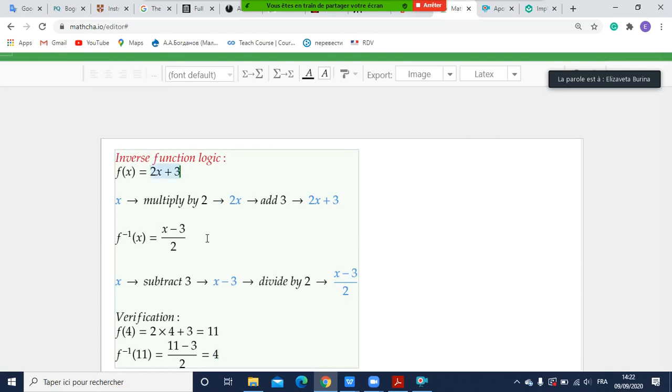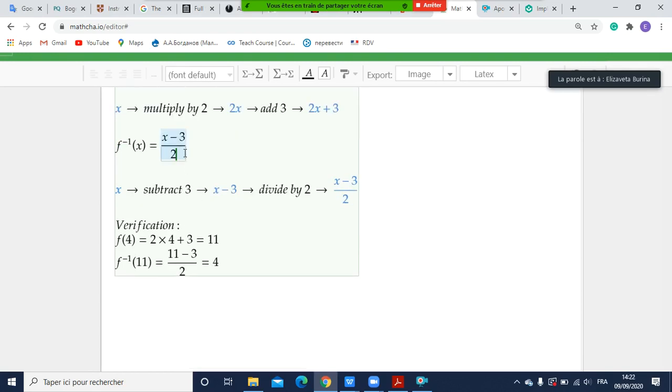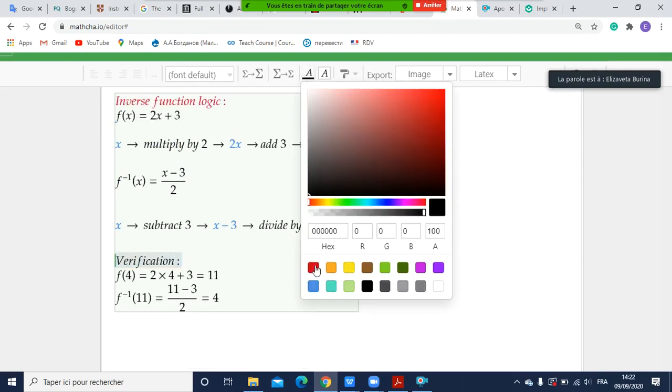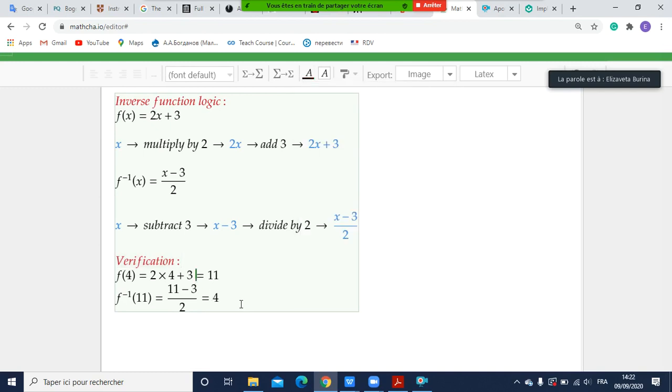So just solving the problem in general, right? You have function form, then you get function form, and you are not so sure. So what you're supposed to do is just take whichever number, really. I took 4, you could take 3, 2, e, and then you calculate the image of this number by the initial function, and then you calculate the image of the result by the inverse function.